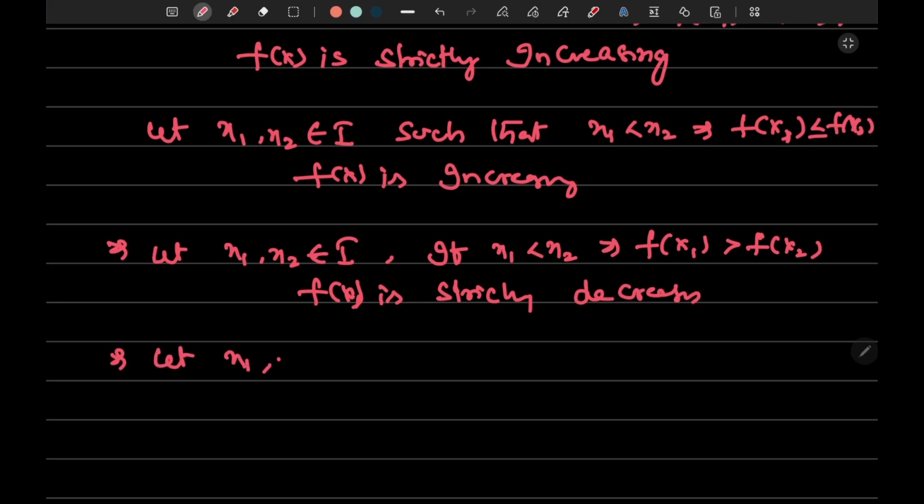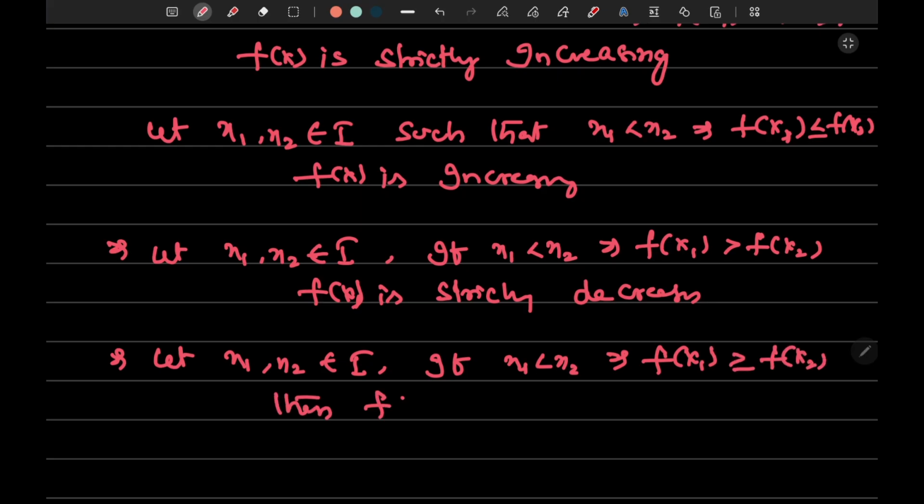Fourth: let x1, x2 belong to I. If x1 is less than x2, that implies f of x1 is greater than or equal to f of x2, then f of x is decreasing.